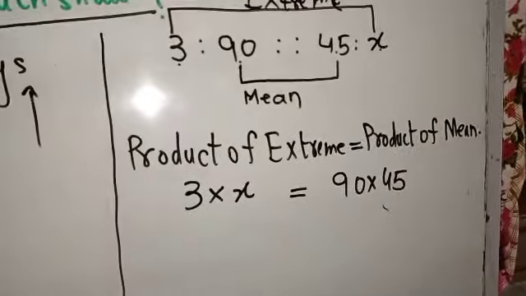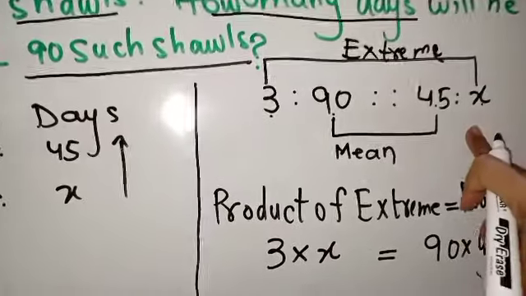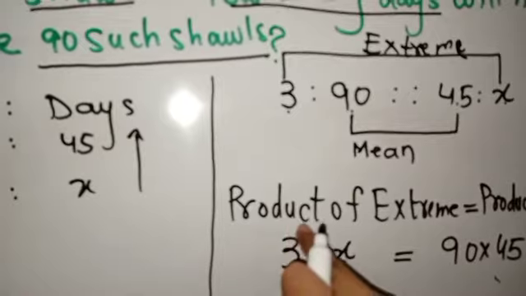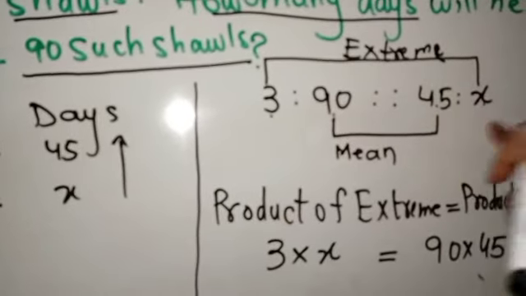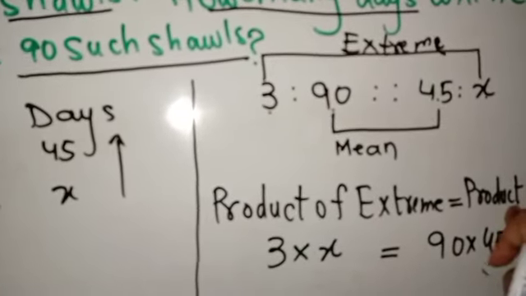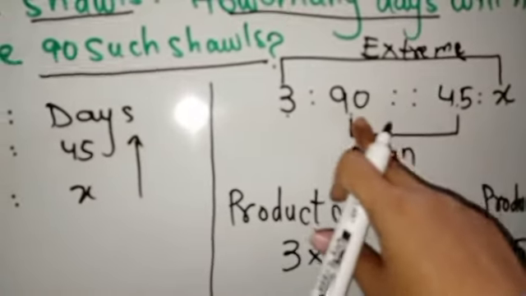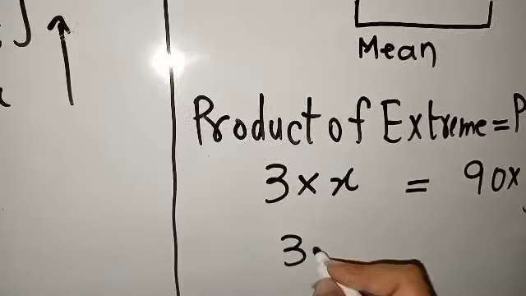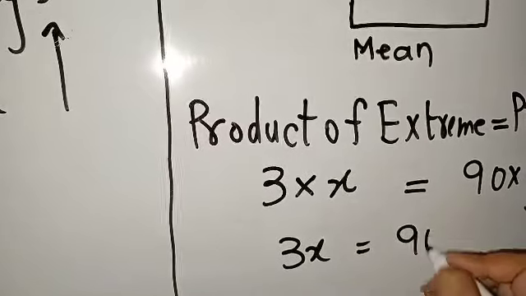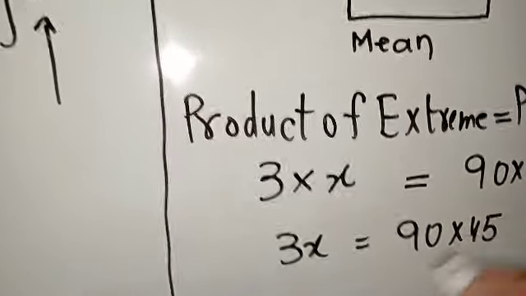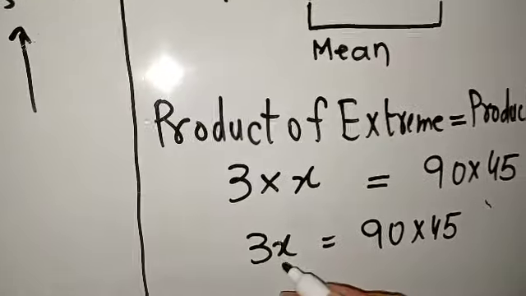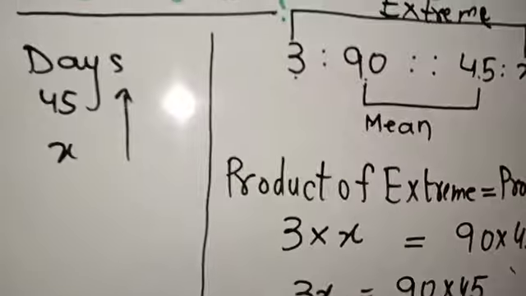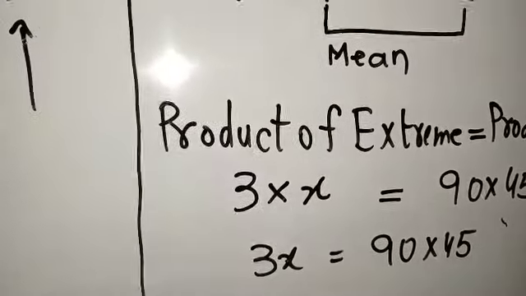I did not do anything, I am just copying it from my sum. Product of extreme is 3 multiplied by X. Product of mean is 90 multiplied by 45. Now I will write 3x is equal to 90 multiplied by 45. Clear? Now I have to take out the value of x. We will follow the equation rule.